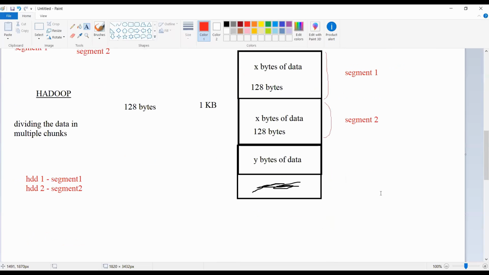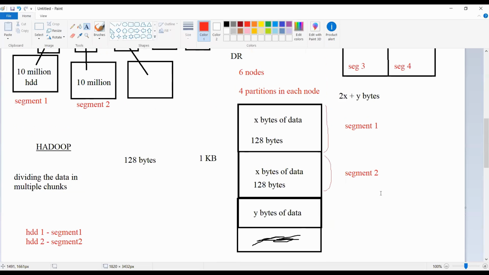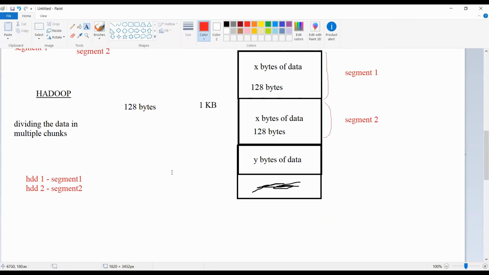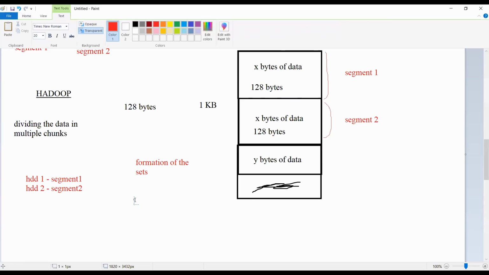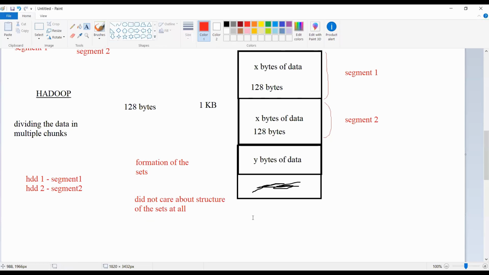Now, when you are dividing data, another thing that needs to be taken care of is the formation of the sets. Hadoop did it in a particular way: it did not care about the structure of the sets at all. What do I mean by that? It will just start from the top, start breaking the data into segments of a given size, and start dumping the segments into the hard disk.